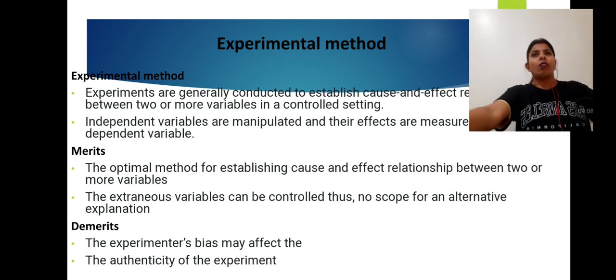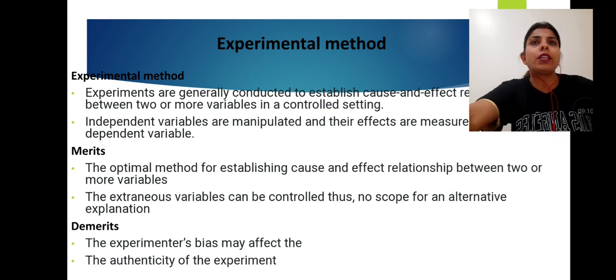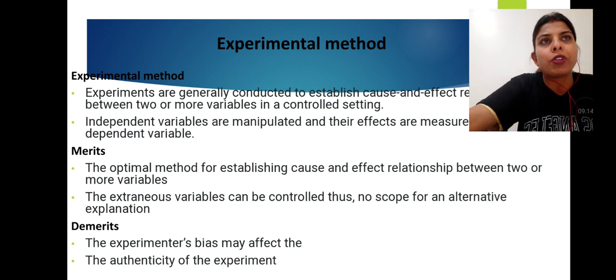Okay, we will discuss a quick comparison between the two methods, observation versus experimental method. Feature: purpose. The observational method's purpose is basically to describe behavior, and the experimental method's purpose is to establish cause and effect relationships. Setting: the observation method is a controlled or natural environment, both, but the experimental method is usually a controlled environment.